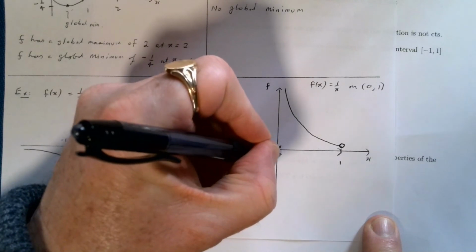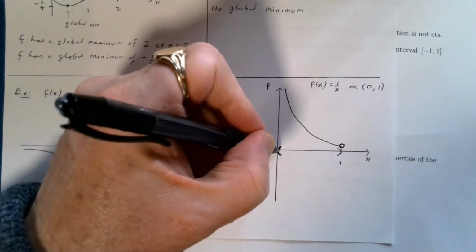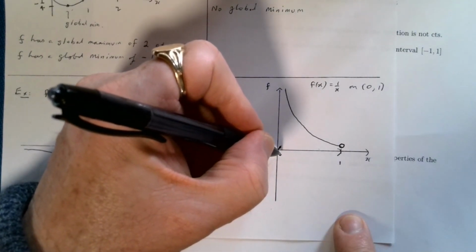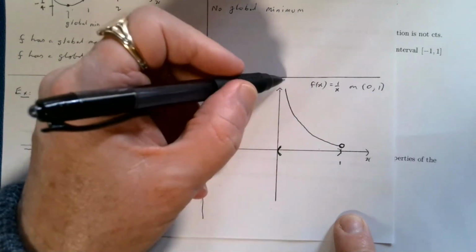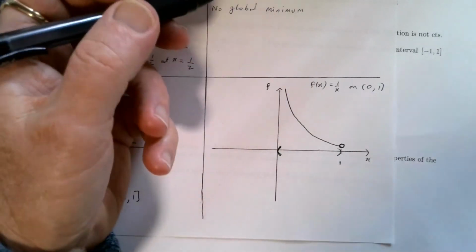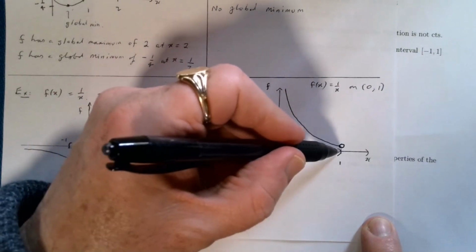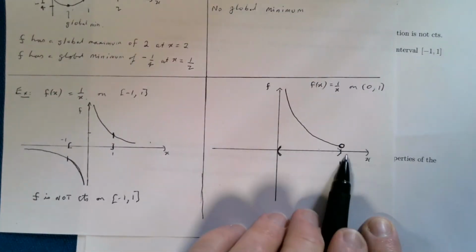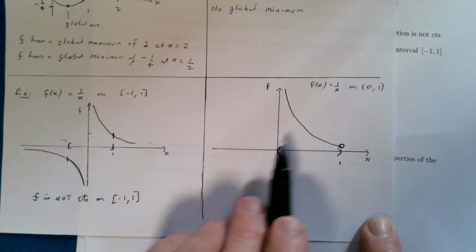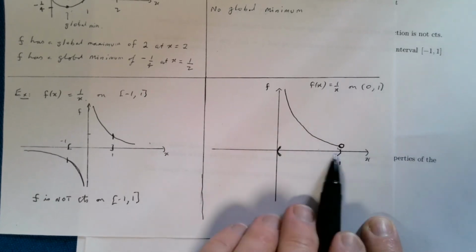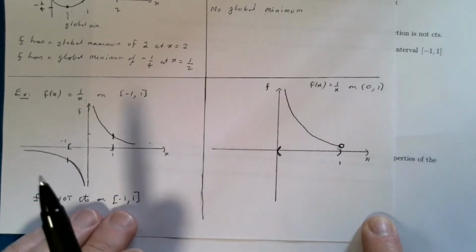Once you give me any number as close as you like to 0, then this will be continuous, but it's got no maximum. And similarly, it's got no minimum either because I excluded this point 1. And even though f of 1 would be 1, we're excluding 1. So it's got no minimum and it's got no maximum.